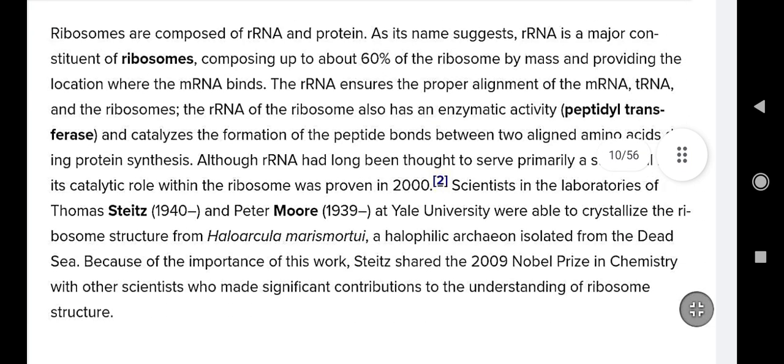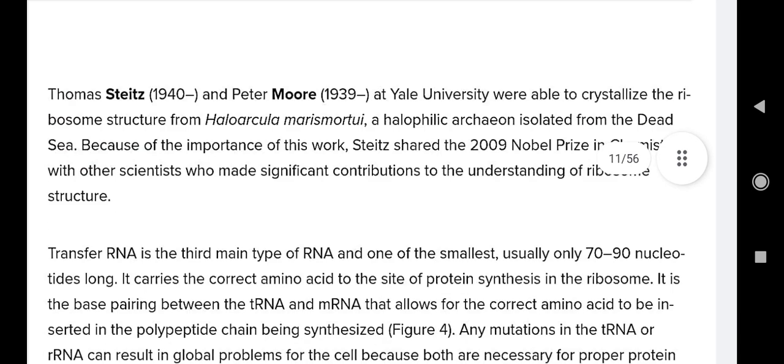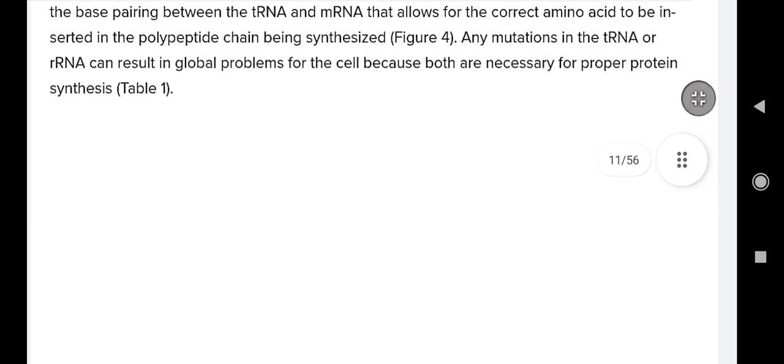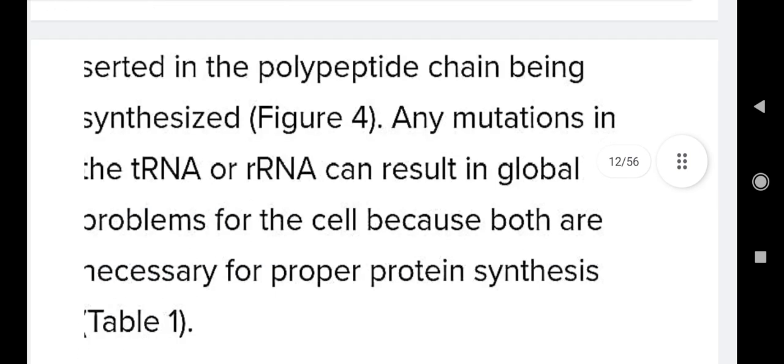It has a peptidyl transferase activity, as I have said, that the rRNA of the ribosome also has an enzymatic activity, and it catalyzes the formation of peptide bonds between the two aligned amino acids carried by the tRNA during protein synthesis. So all three of them are required, without which the translation process is not possible.